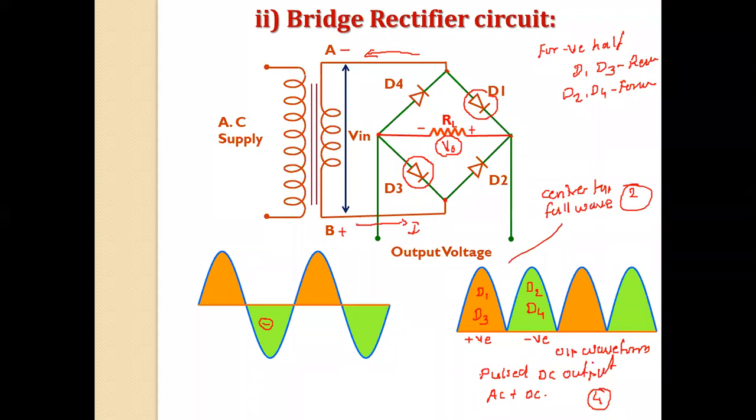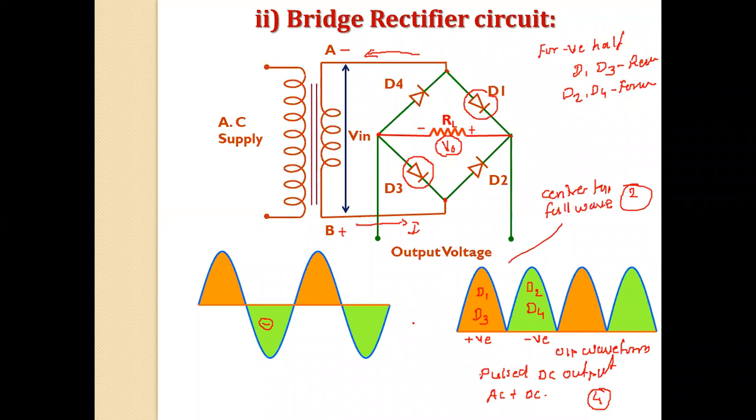Now, if you try to remember the output waveform of a half wave rectifier circuit, the output waveform of a center tap full wave rectifier circuit, and now the output waveform of a bridge rectifier circuit, you can say that the common drawback of all types of rectifier circuit is that the output is a pulsed DC output.